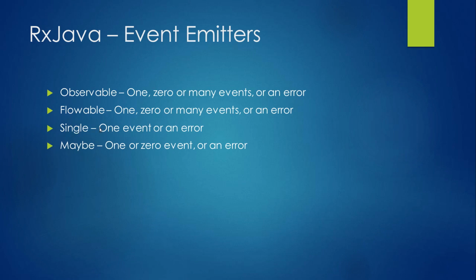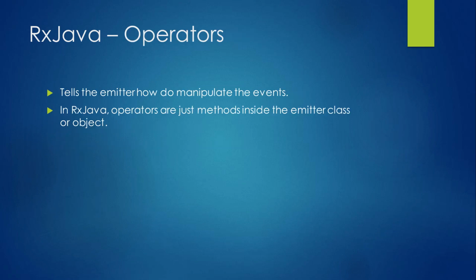Just is a method in the class, a static method, so it belongs to the class. But if you have an object of Single or any of these, we have the method called map. That's also an operator, but this one belongs to the object itself, not to the class. So that's why you have operators inside the class, but also inside the object.